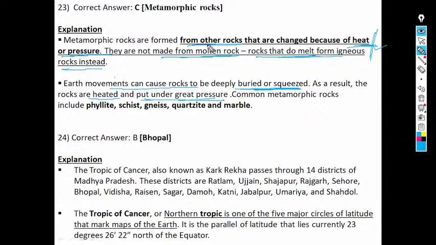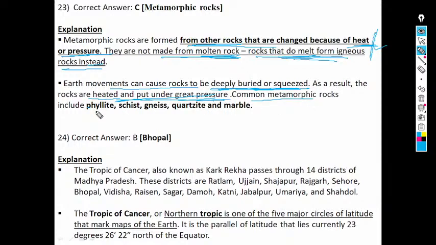Metamorphic rocks are formed from other rocks that are changed because of heat or pressure. They are not made of molten rocks. Rocks that melt are igneous rocks instead. Earth movements can cause the rocks to be deeply buried or squeezed. As a result, the rocks are heated and put under great pressure.